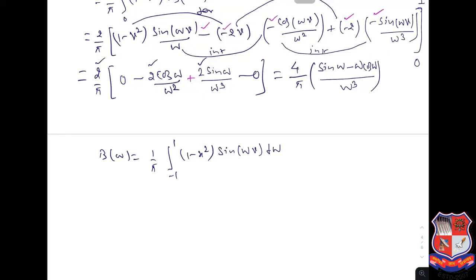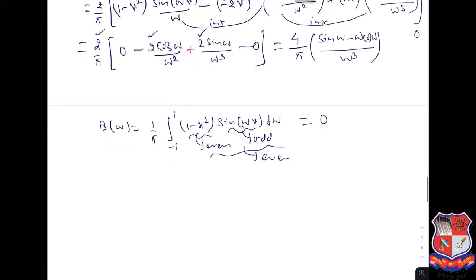Now this one is even function, this one is odd, and the product is odd. So this value is 0.